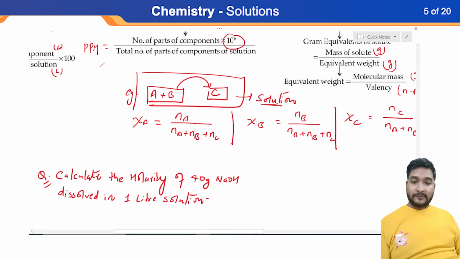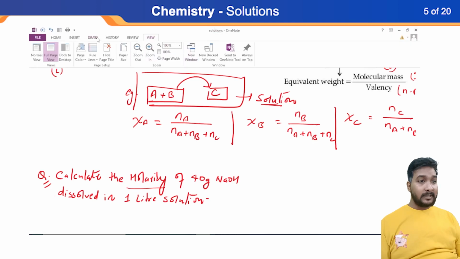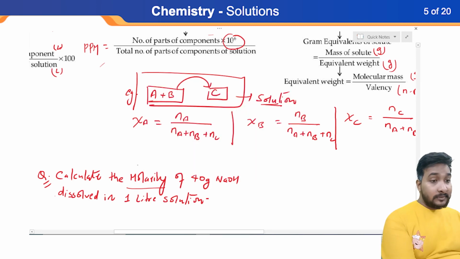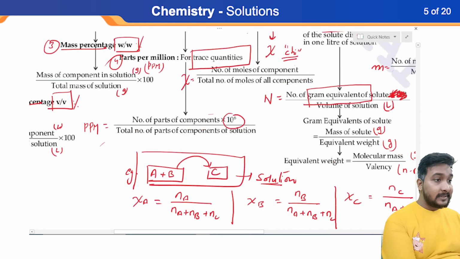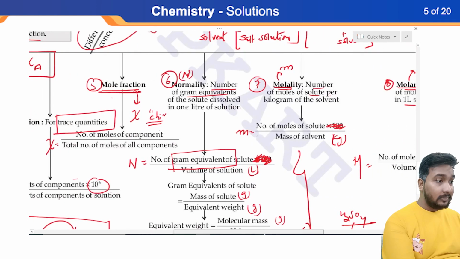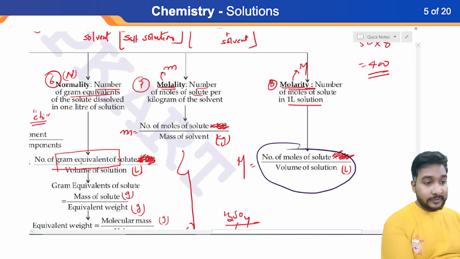So I hope you have solved the question. Now let me tell you the answer. Now to solve this question, we know the formula of molarity, as I discussed earlier in this lecture. Molarity is the number of moles of solute over the volume of solution.